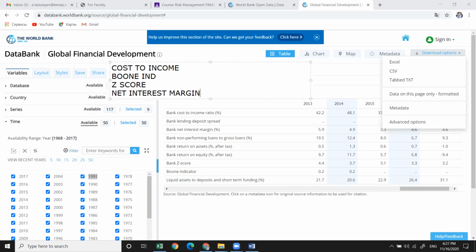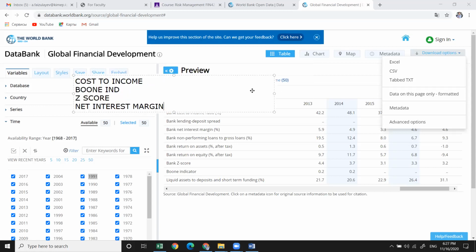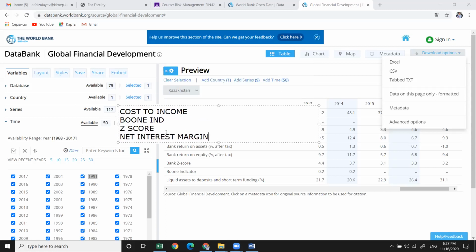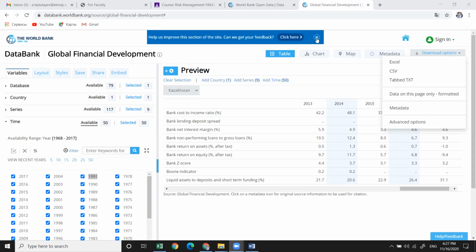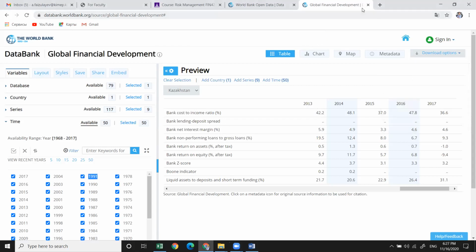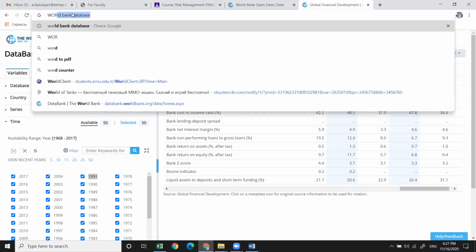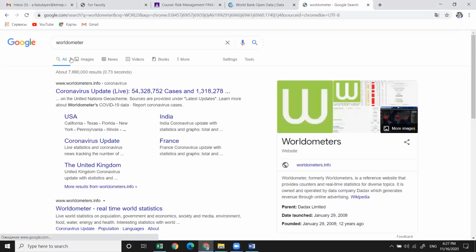Let me revise the steps again, what you need to do, how you can access this data. So please take a snapshot: cost to income, Boone indicator, Z-score, and net interest margin. Now, I type in Google World Bank.